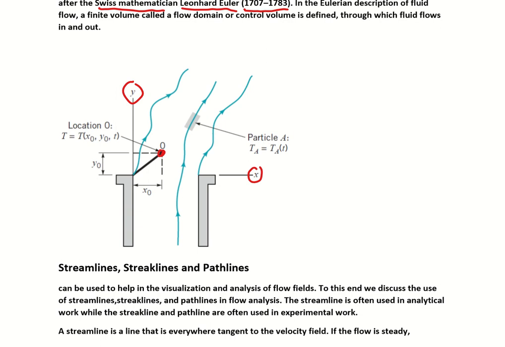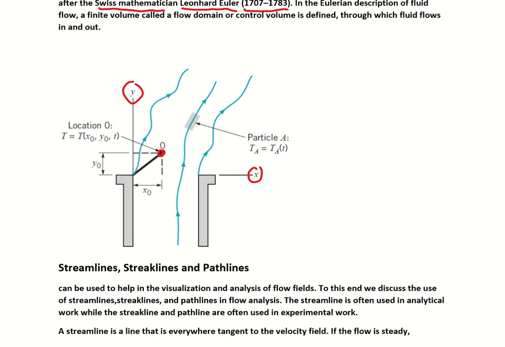So many particles will move from this point O, and they will occupy different positions at different locations after a certain time, but we will observe all the properties at this location only. Whatever particles come and go, we will keep observing the properties at this location.